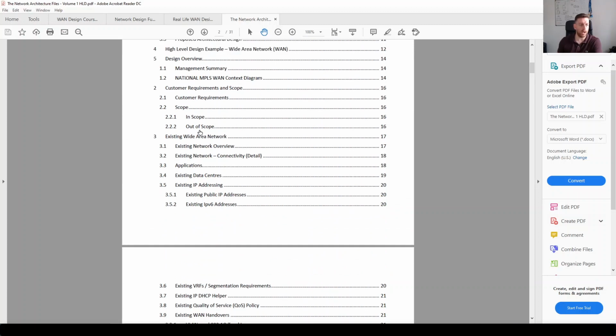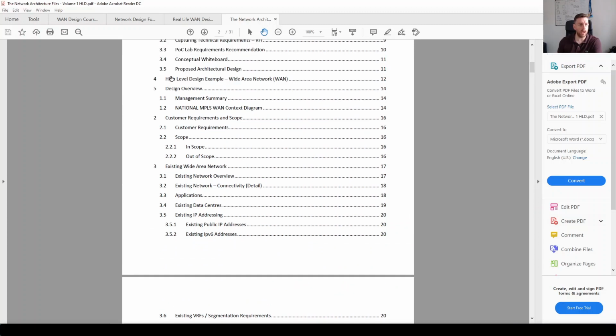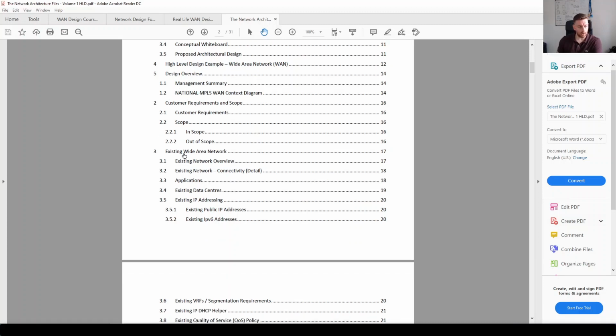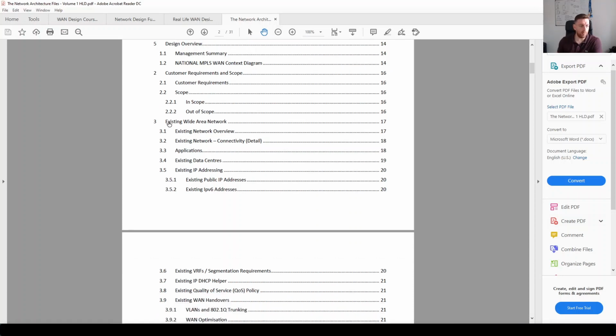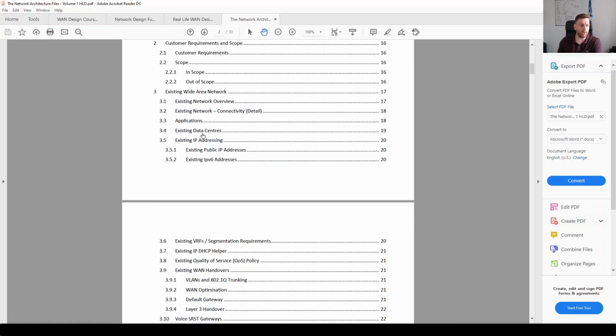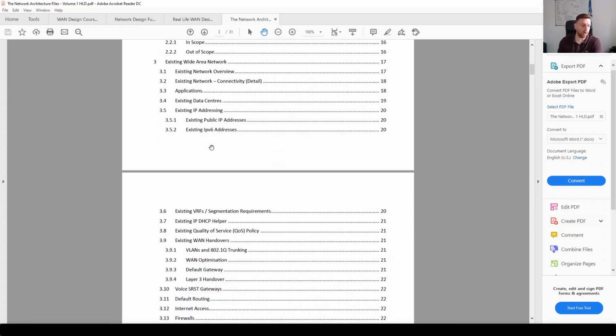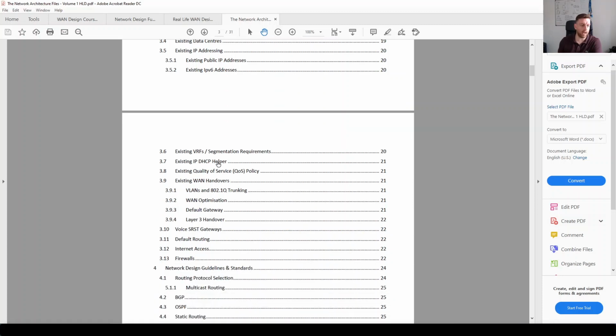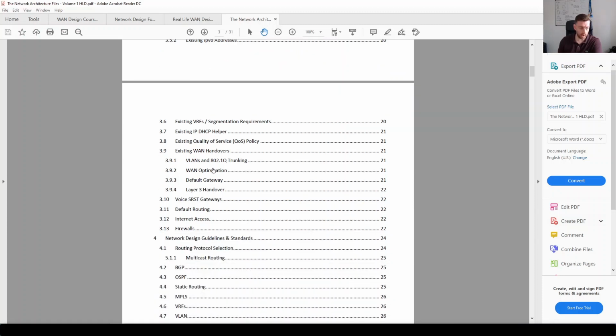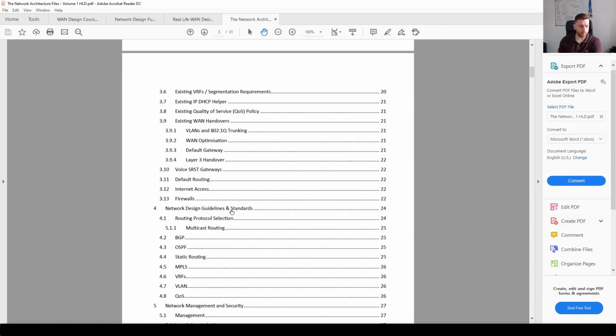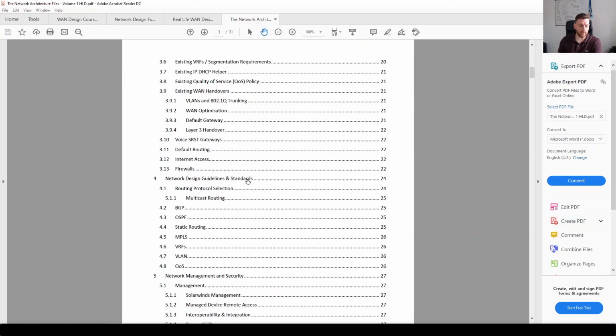So in this scenario, I've got a high level design example, wide area network, and it's a national MPLS WAN. So that may be within your country, within your region, whatever. And then we talk about the existing network requirements, the applications, where the data centers are, existing network, IP addressing, VRFs, DHCP helpers, etc. And then we move into some network design guidelines and standards.